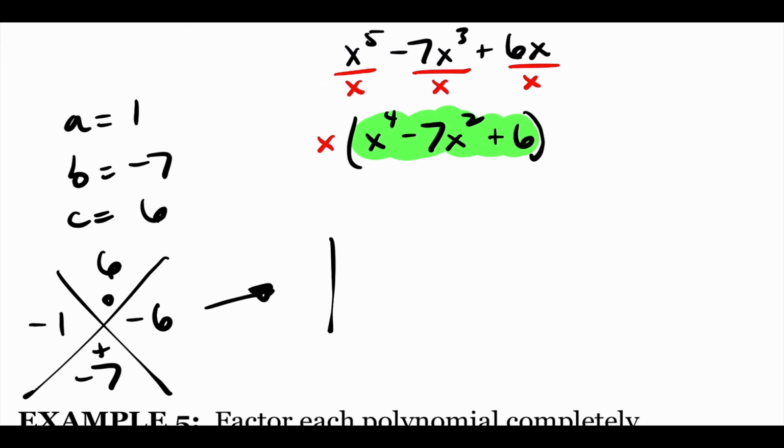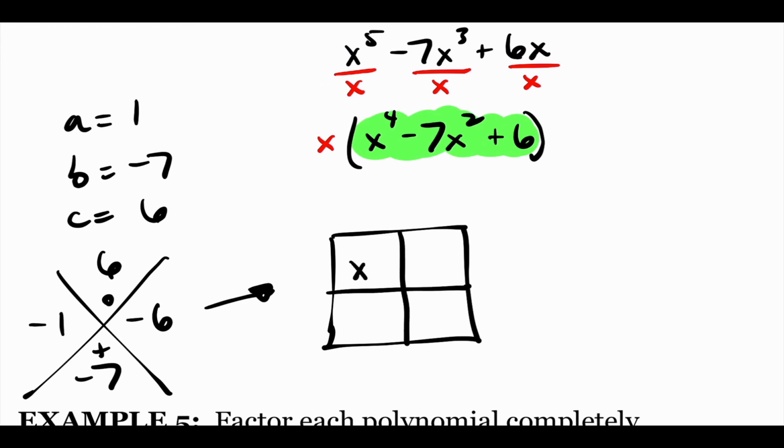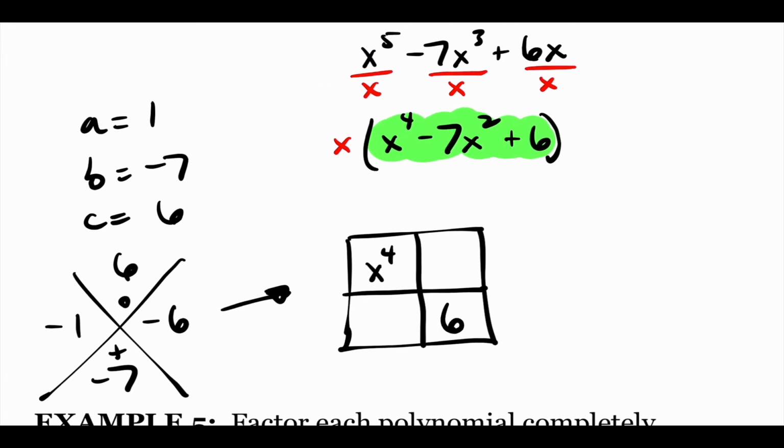All right, so let me move to the box. The first term in the green is x to the 4th. The last term is positive 6. I had a negative 1x squared and a negative 6x squared, because together they have to make this negative 7x squared.